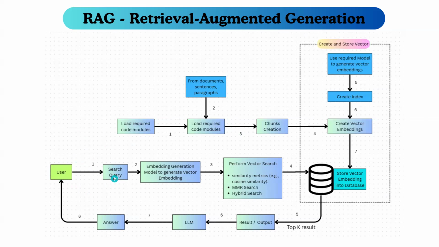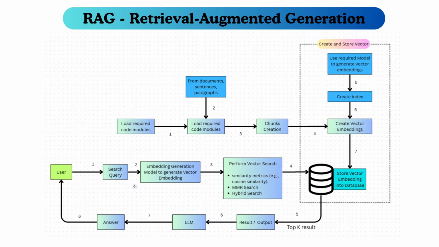When a user asks a question or a query or a prompt, it gets converted into a vector embedding as well. So if someone is asking a query, that particular query will first get converted into a vector embedding, which is numbers, and then it's time for the similarity search to come into the picture.